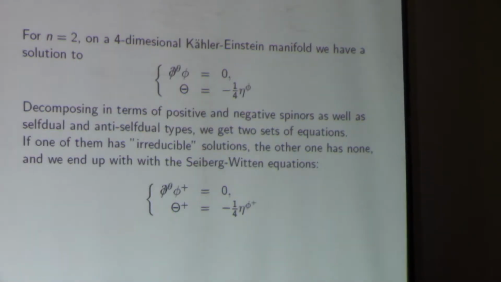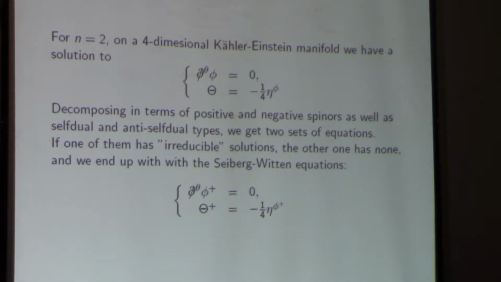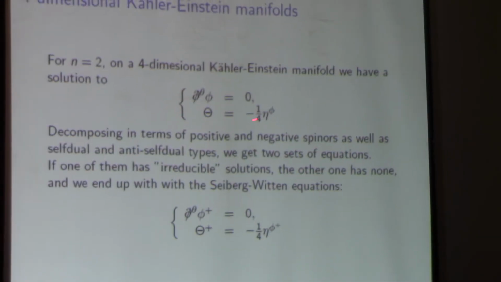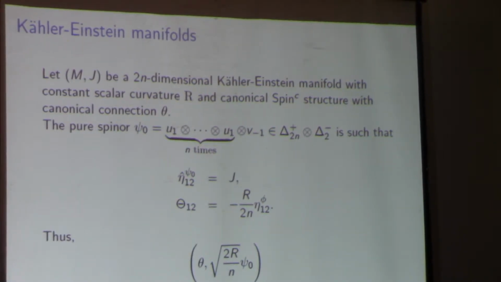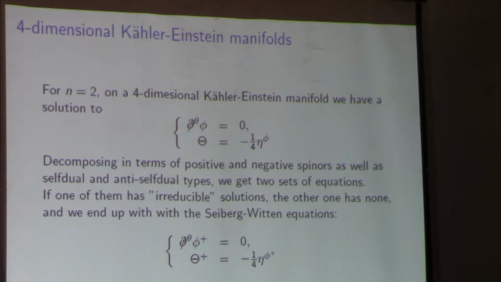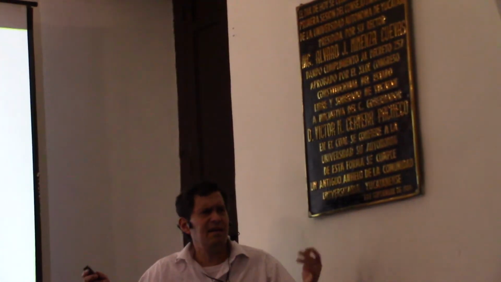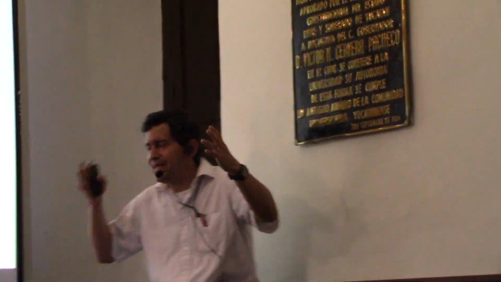Now, if I set n equals 2, so that'll be a four-dimensional Kähler-Einstein manifold, and I rewrite the equations, it is the argument I had before. Yeah, I have solutions. Now, if I decompose, because I'm in dimension 4, so the delta n is delta 4, and it has a positive and a negative part. I never told you how the positive and negative spinors are, but anyway, it has a positive and a negative.